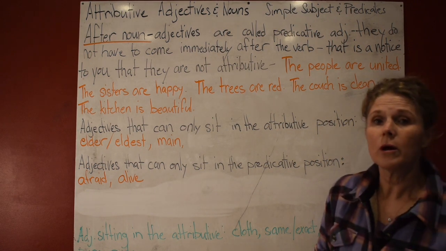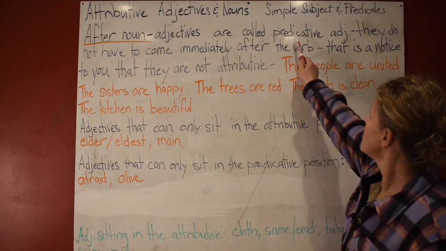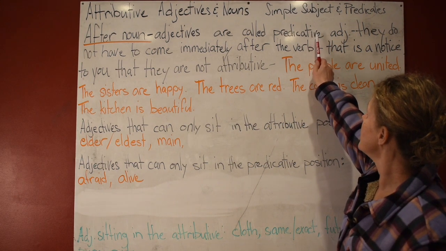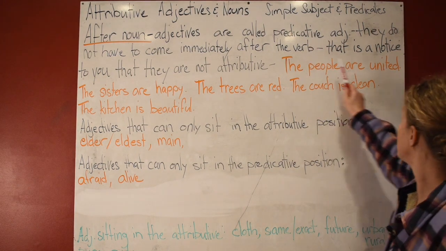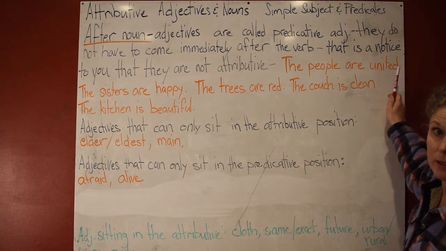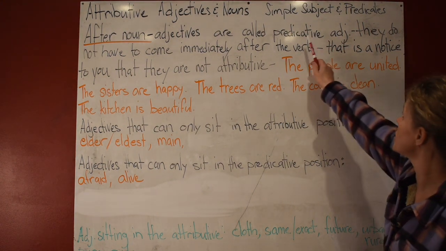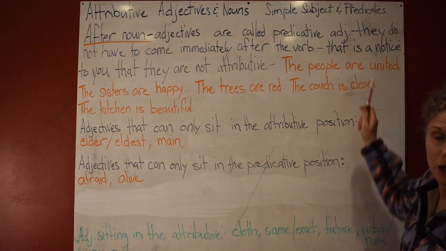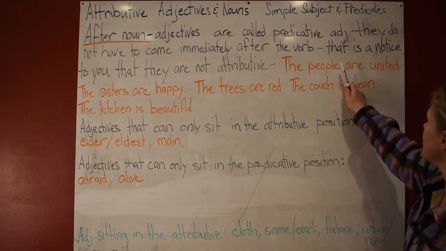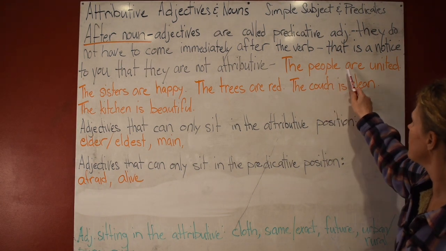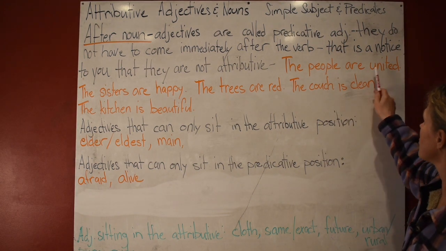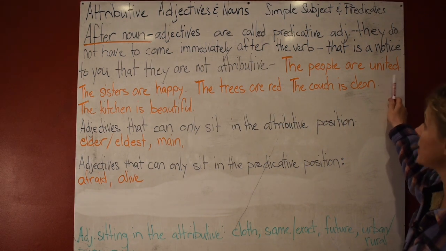Also, look at this: if you put an E on the end and get rid of the IVE, you see predicate right here. This is the predicate. It's in the predicative position. That'll help you with that. It's after the noun. See, there's a linking verb separating this right here, okay?